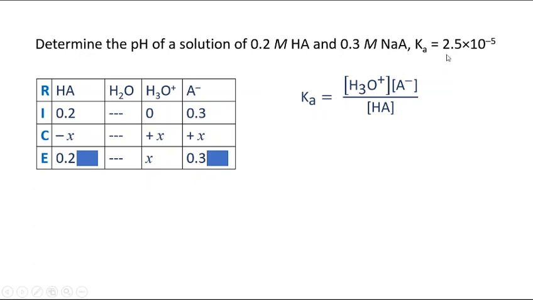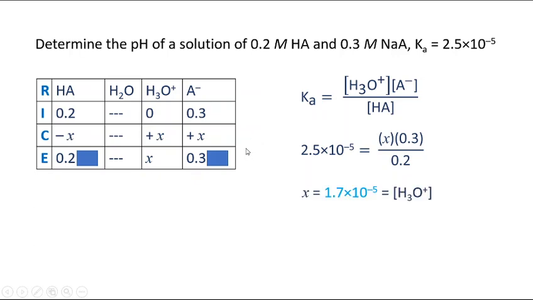So we know our Ka is 2.5 times 10 to the negative 5. Now we know that our hydronium ions, we can plug in for X. We know our A minus is actually a real value now of 0.3. Our HA is a real value of 0.2. So plug these into your equation and solve for X, and we end up with 1.7 times 10 to the negative 5, which equals the concentration of your hydronium ions.